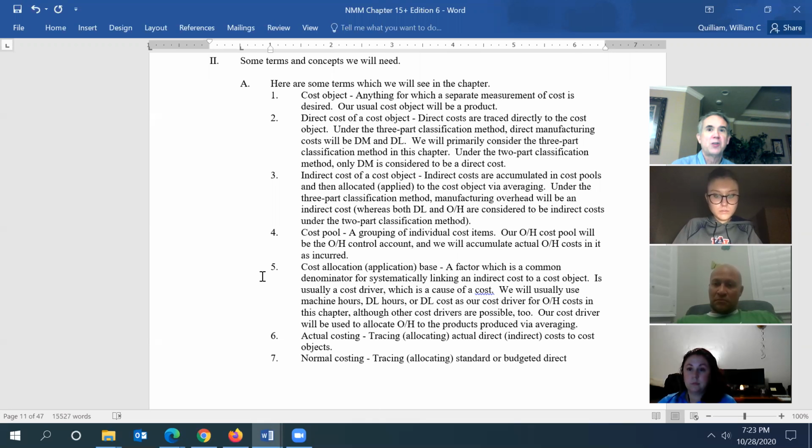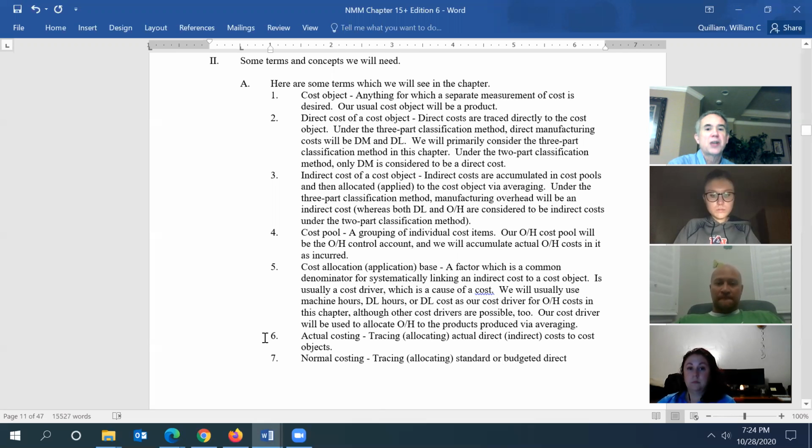So we may have direct labor cost or direct labor hours as our cost driver. In other words, as direct labor cost or direct labor hours go up, so will the amount of overhead. So those tend to be pretty good cost drivers in most cases. And we want that relationship where the cost driver goes up and overhead goes up too.